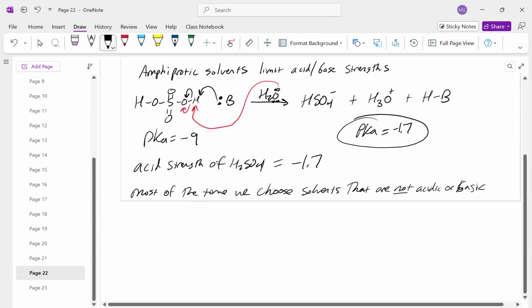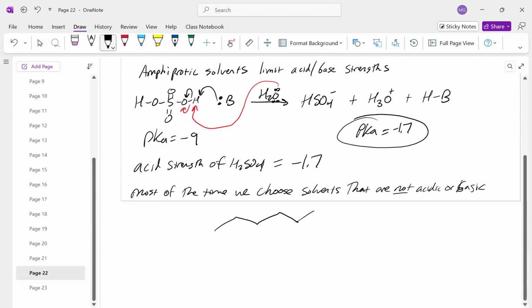So something like a hydrocarbon, like hexane, or an ether, like diethyl ether, because those can't act as an acid or a base. So we're going to get the full extent of whatever acid or base we do want to use. We're not going to limit ourselves or level off the strength of the acid or base that we're using.